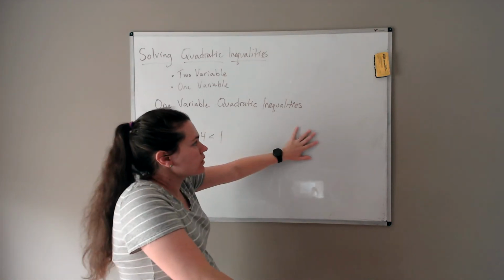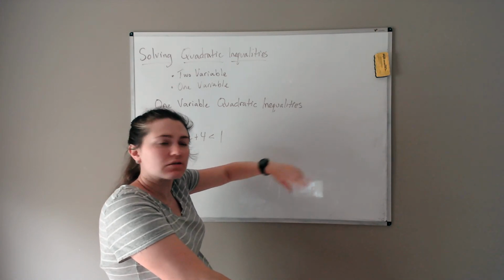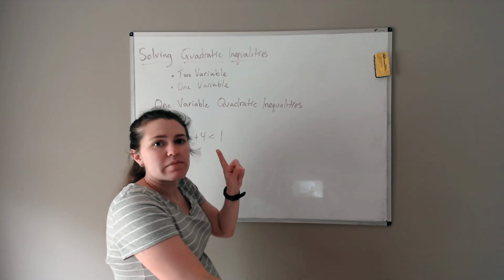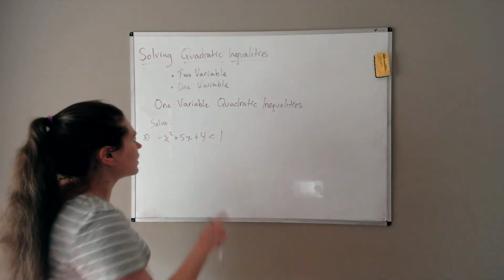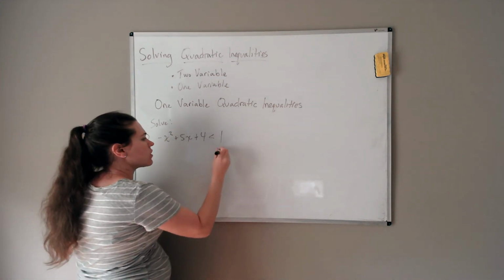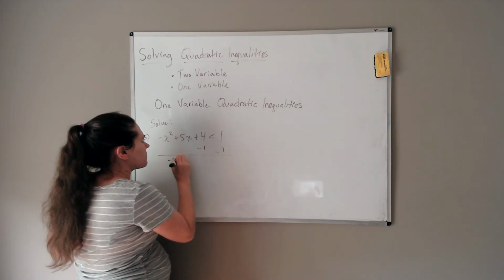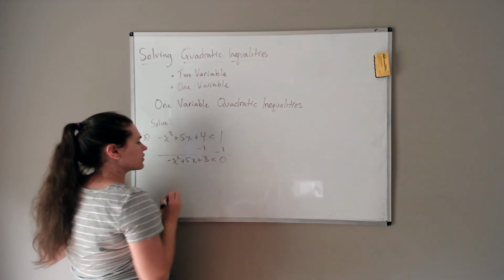We're going to reference the graph, and the best point to be at is looking at those x-intercepts. So we care more about not when is it going to be less than 1. We want the right-hand side to be 0. So we should take away 1 on both sides. So that's going to give us -x² plus 5x plus 3 is less than 0.